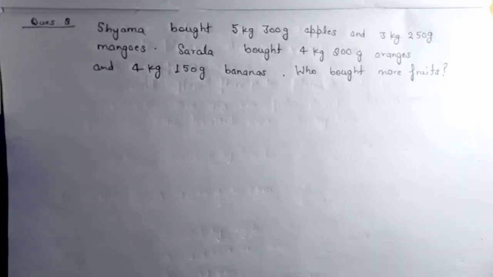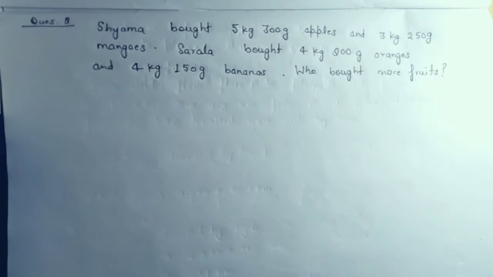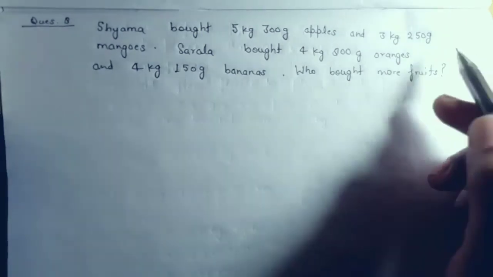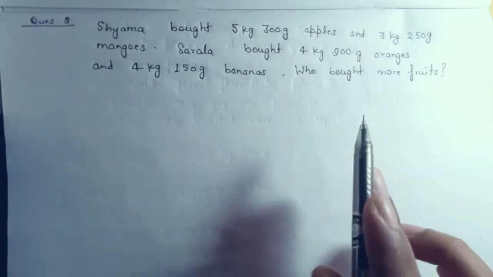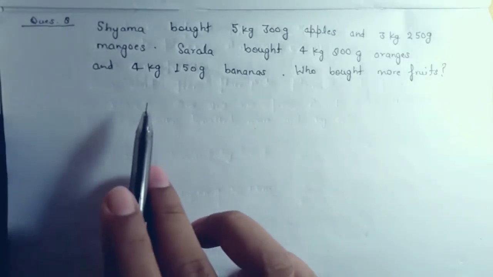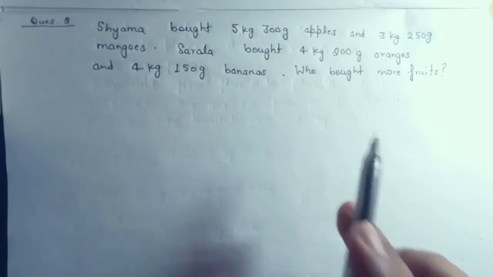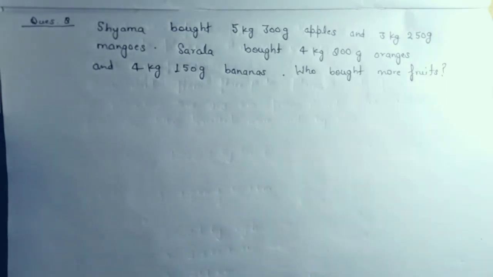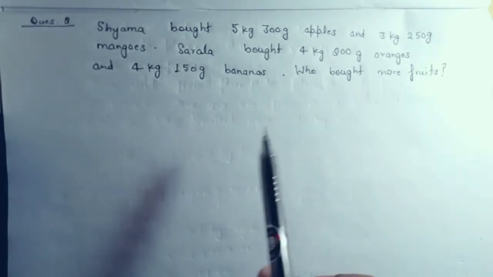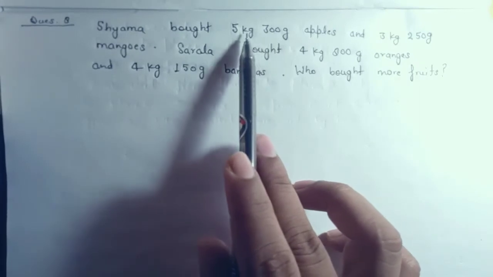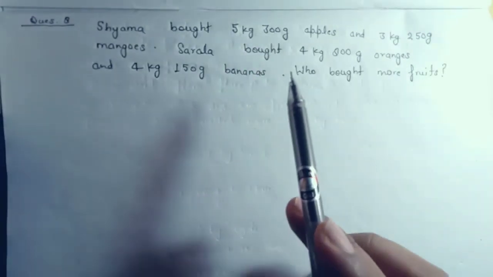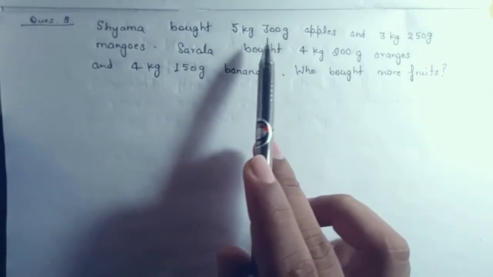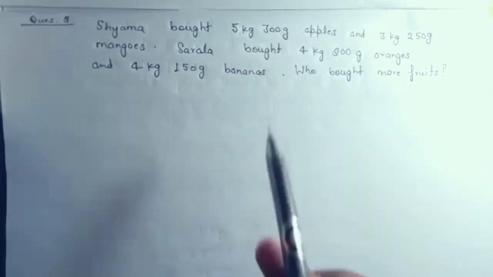Shyama bought 5 kilogram 300 gram apples and 3 kilogram 250 gram mangoes. Sarla bought 4 kilogram 800 gram oranges and 4 kilogram 150 gram bananas. Who bought more fruits? You can see the weights of the fruits are given in kilogram and in grams. So to add these numbers, we have to convert the total weight into kilogram first.